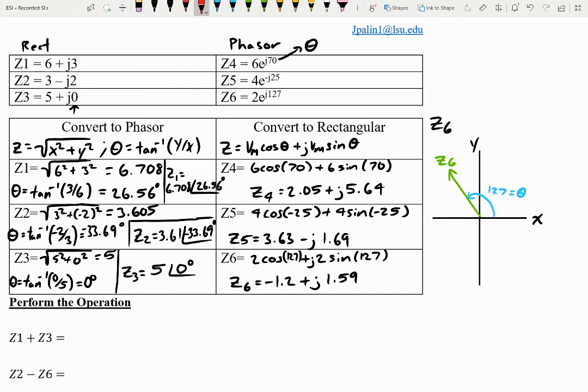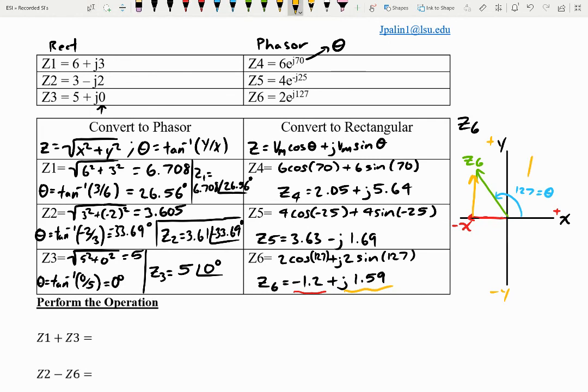So what this is saying is that for the real part, we're over here in the negative X. For the imaginary part, we're up here in the positive Y. So all it is is vector components: negative X and then positive Y. And it's helpful to use that angle to make sure these make sense.